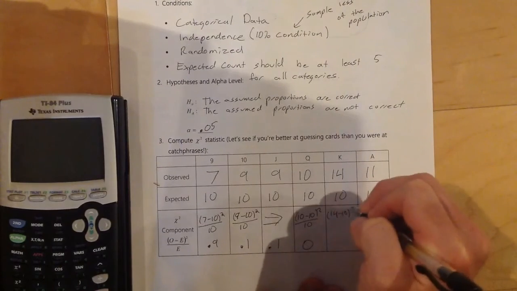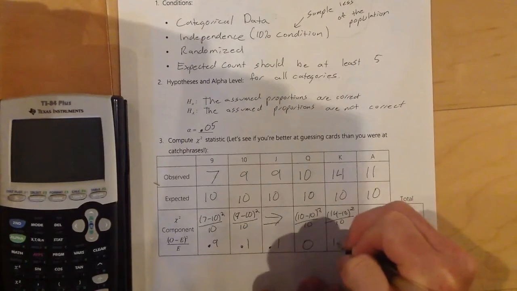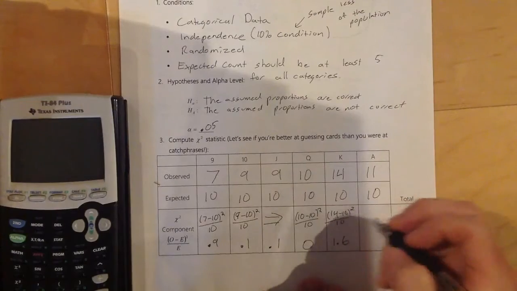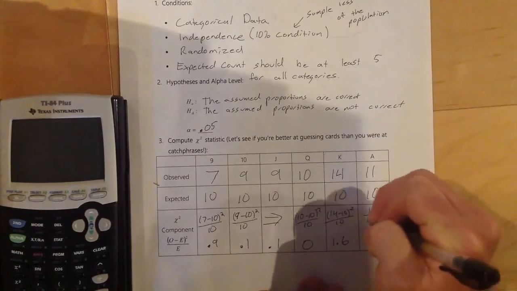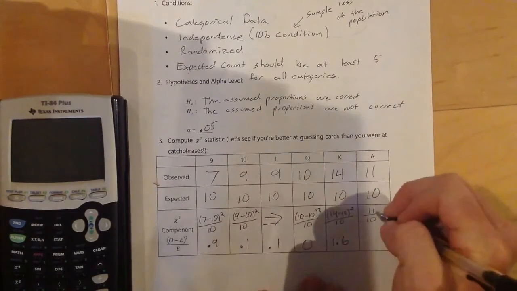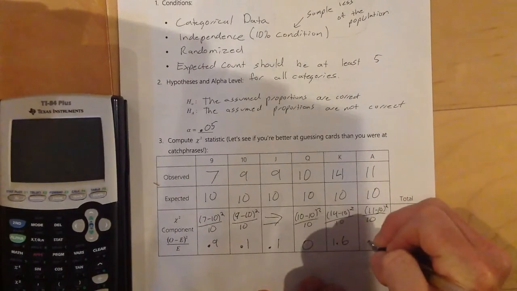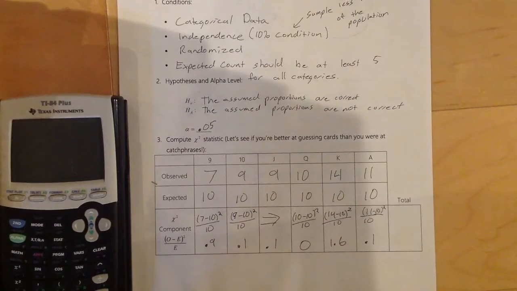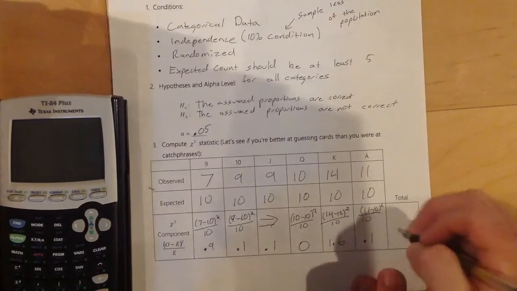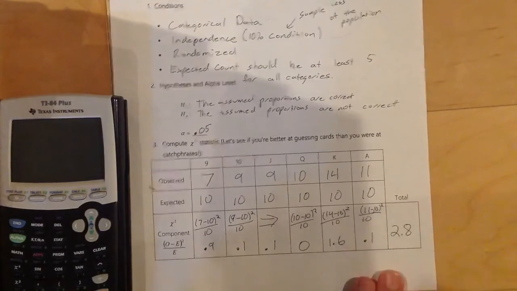All right. This one's going to be a little bigger, because we were 4 off the mark there. So it's actually going to work out to be 1.6. And then this one was pretty close. This one's pretty much the same as 9 out of 10 because the negatives are going to disappear. So this is just going to be another 0.1. And if we add those all up, we end up with a chi-squared statistic of 2.8.